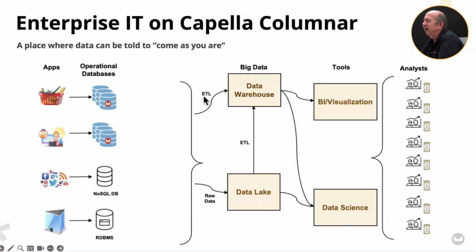So there's this extract, transform, and load, or ETL for short, process that needs to move data from these different sources into the data warehouse. Or, if you're a more modern enterprise, then maybe you're depositing raw data into a data lake and analyzing data just in time, but maybe ETLing some of that data from your data lake into your data warehouse.